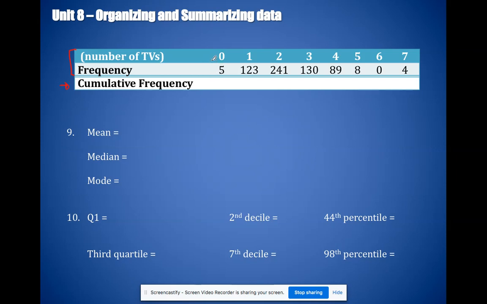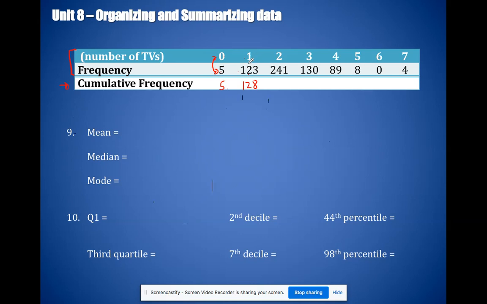So the cumulative frequency here is 5, right? Here I have one person that has a 123. So how many people have I been talking about then? I have 123 plus 5. Right? So 5 people had no TVs, but I counted 5.